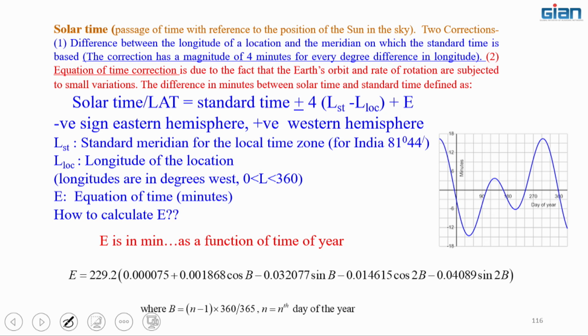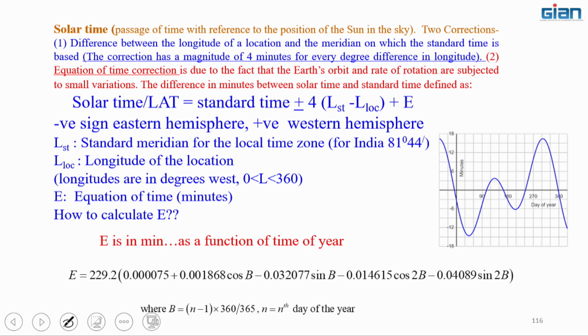The first is the difference between the longitude of a location and the meridian on which the standard time is based, and this correction has a magnitude of 4 minutes for every degree difference in longitude. And the equation of time is due to the fact that Earth's orbit and rate of rotation are subject to small variations, and the difference in minutes between solar time and standard time can be something like this.